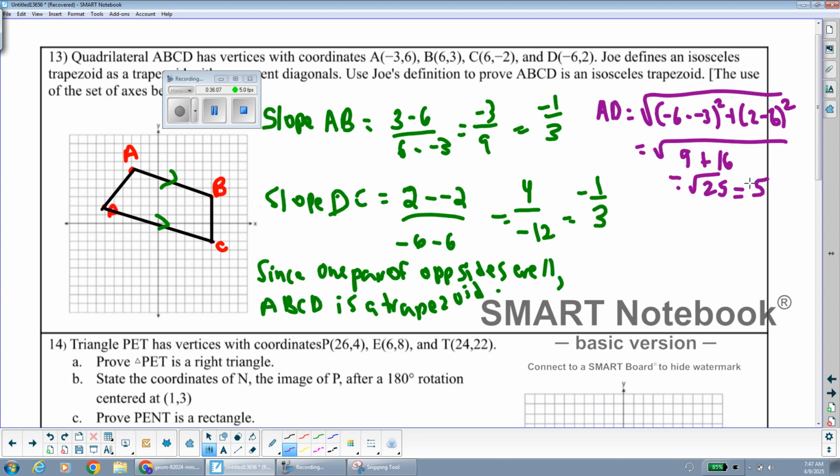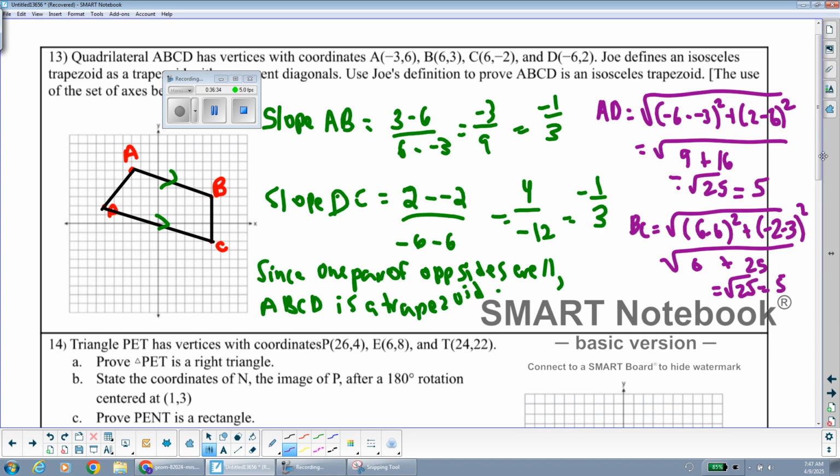Okay, and now I'm going to find C, and I'm going to hope for it to be the same thing, because otherwise I did something wrong. 6 minus 6 squared plus negative 2 minus 3 squared. So that's 0 plus 25, radical 25, so 5.